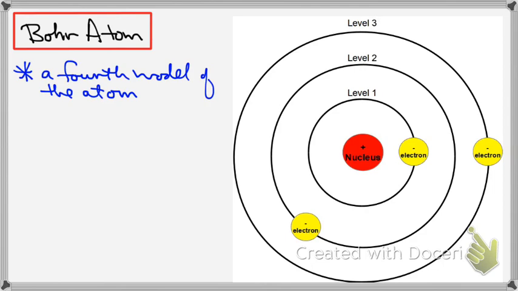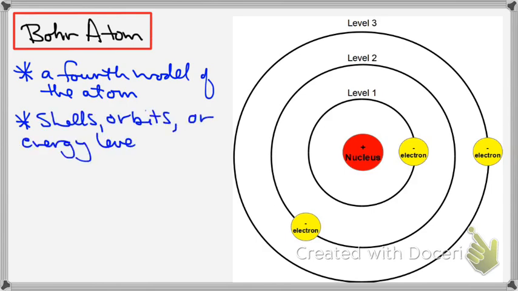So he now specifies what's going on with the electrons that aren't found in the nucleus. They're going to be outside there in one of these shells or one of these energy levels. And here you see depicted different energy levels or orbits or shells that the electron could possibly reside in.